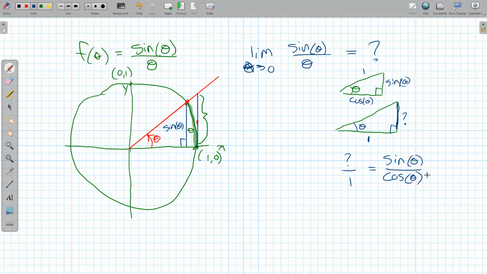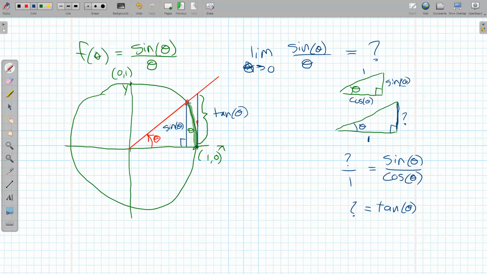And is there another name for sine over cosine that uses a little less ink? Anybody there? Tangent. Thank you so much, Abigail, I appreciate your contribution. Yes, that is the tangent of theta. So on this picture, this other line is the tangent of theta.